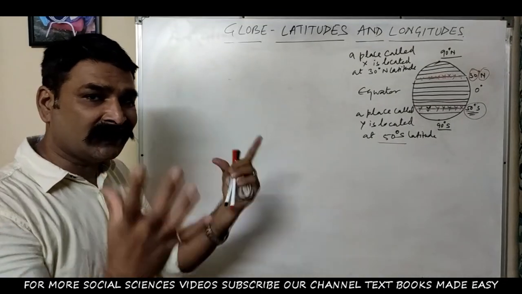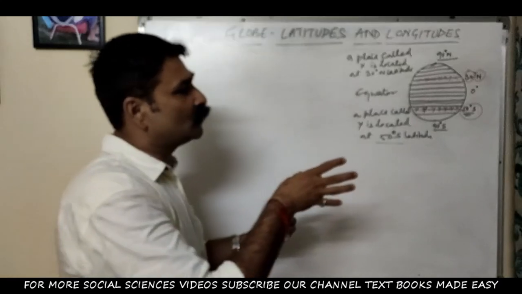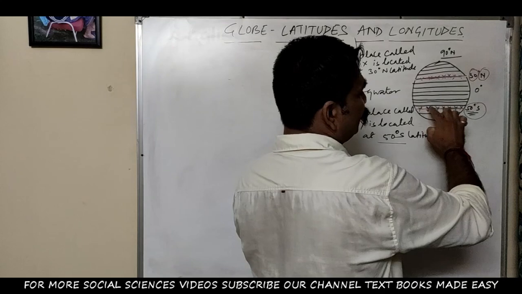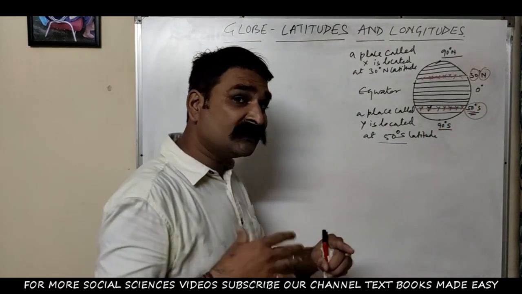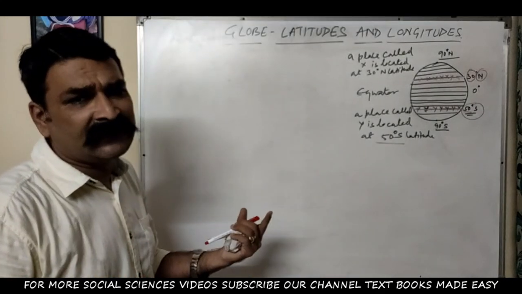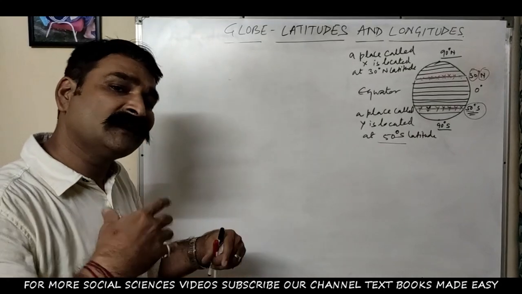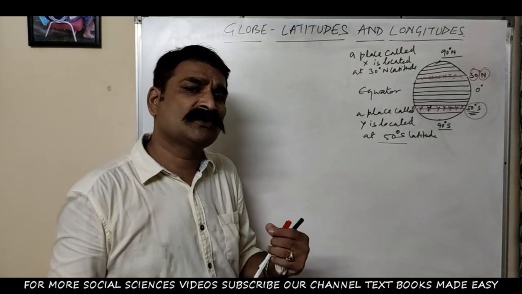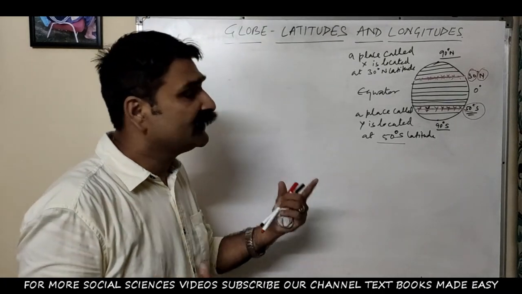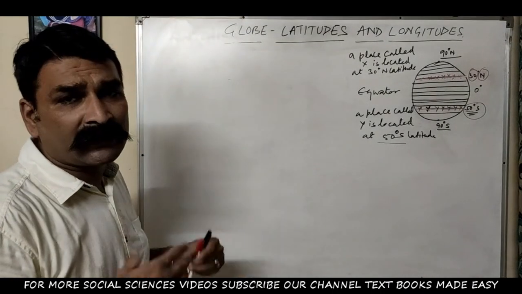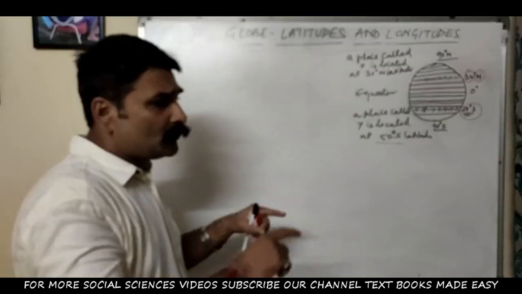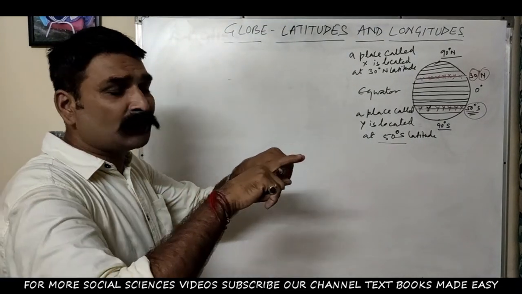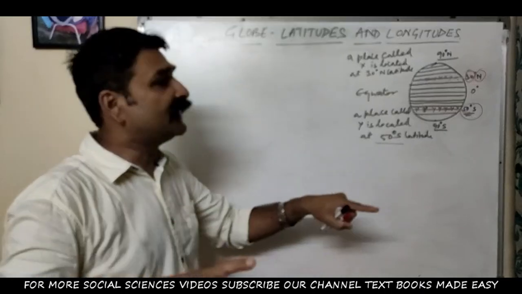So on Earth we have located this line, and on this line the place could be anywhere. It may be for other latitudes also. Suppose a place is located on 10 degree N, or on 5 degree S, but we only know that the place could be anywhere on that line.